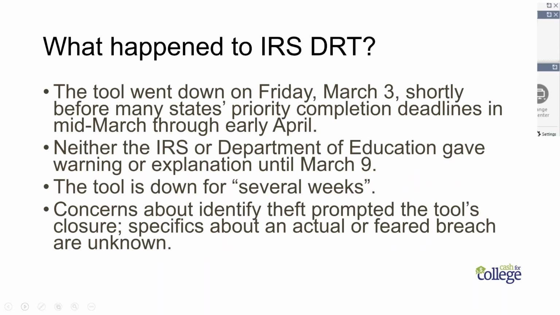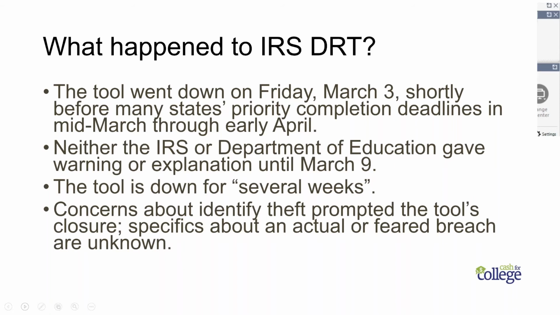So it actually went down on March 3rd, which is very unfortunate timing because a lot of schools have their priority financial aid deadlines March 1 or after. And so it's going to provide a barrier to some students finishing their FAFSA in a timely manner. They didn't make a statement about it going down or why it went down until the following week.